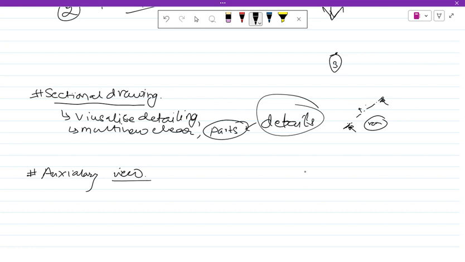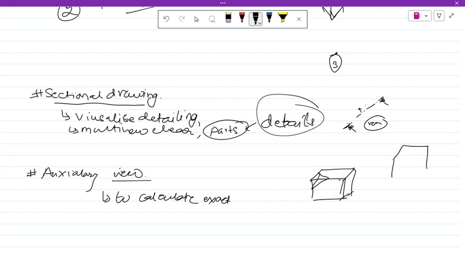Another thing is auxiliary view. What is auxiliary view? Auxiliary view is generally generated to calculate the exact length. Suppose there is a cuboid which has been cut by a plane like this, and we observe the front view of the plane, and this front view looks like this.